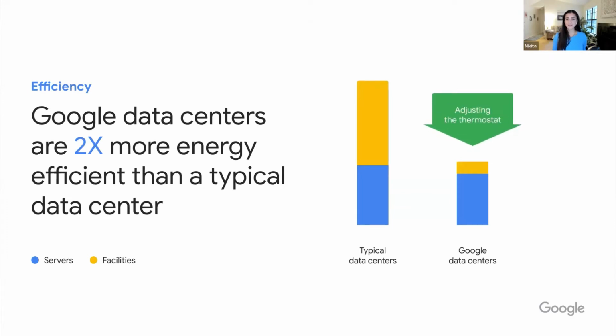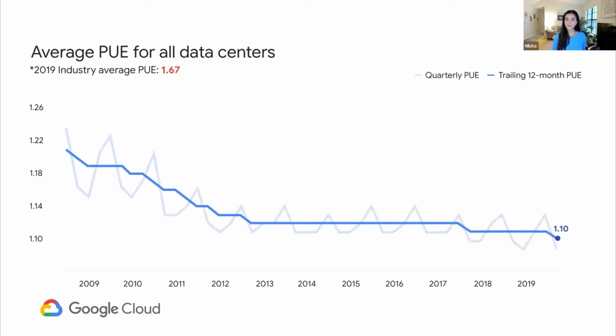However, the best energy saved is, of course, the energy not consumed in the first place. So for over a decade, we've been working to make Google data centers some of the most efficient in the world. Power usage effectiveness, or PUE, is a standard way to measure data center computing efficiency. You calculate PUE by taking the total energy that's used in the data center divided by the energy that's only used for computing.